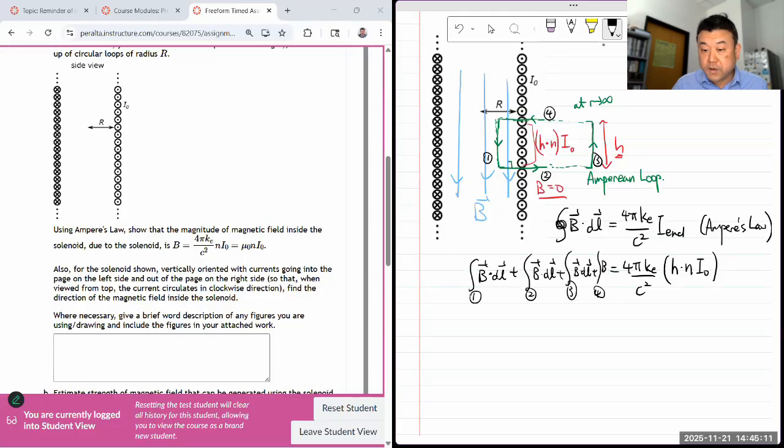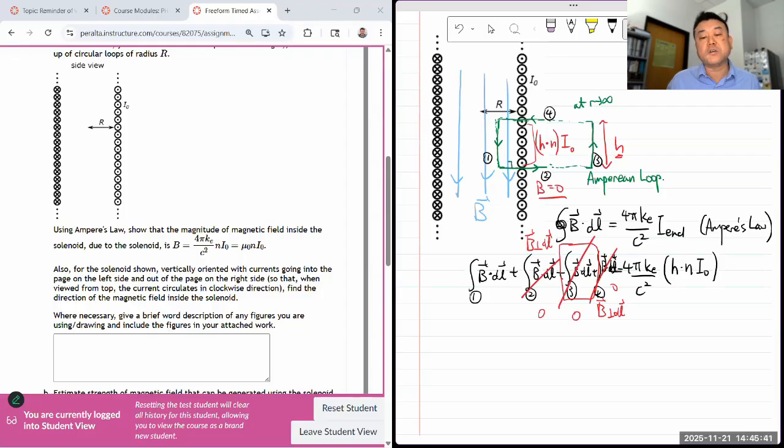The whole reason for all this setup is to be able to argue that this integral is 0 because B is perpendicular to dl. For the same reason along segment 4, it's 0 because B is perpendicular to dl. And here is the portion where my argument in lecture is more careful than your textbook's version. But either way, the end result is you want this to be 0.